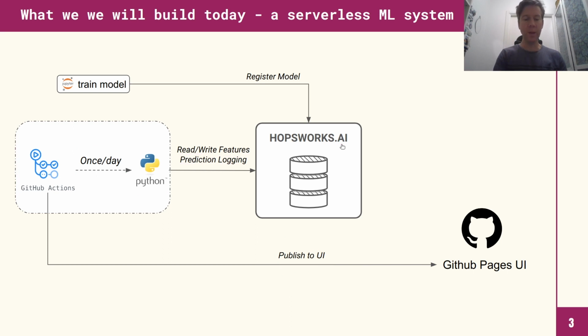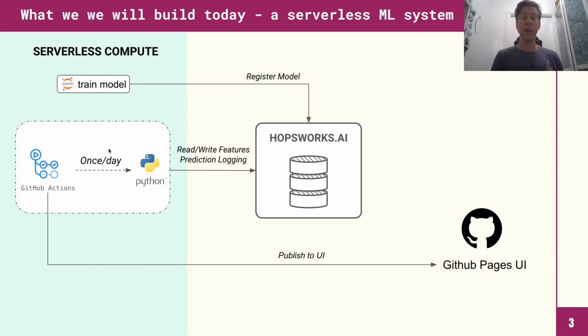So if we look through the different parts of this system as we set it up, what we can basically say is that we have compute here on the left-hand side. The compute for creating the features and for making the predictions are Python programs orchestrated by GitHub Actions.